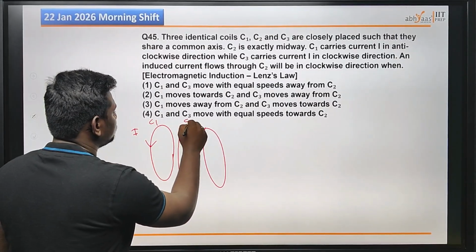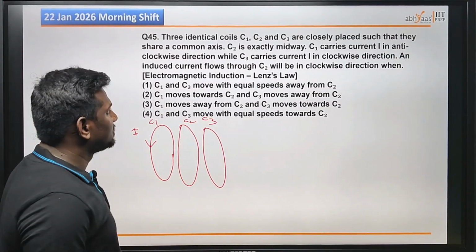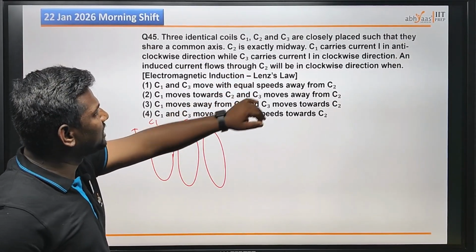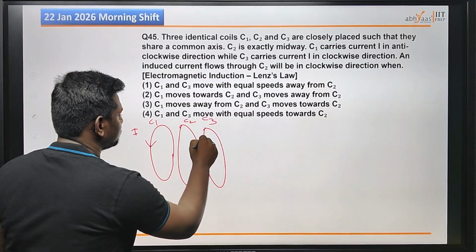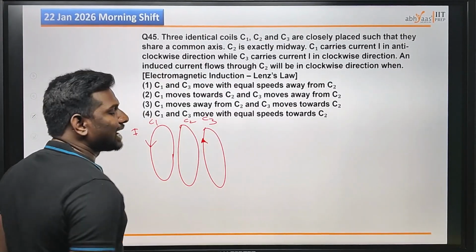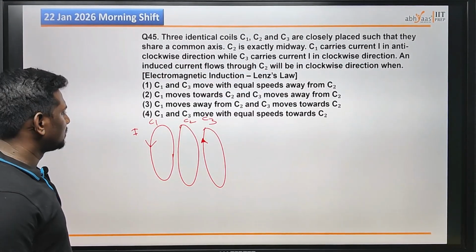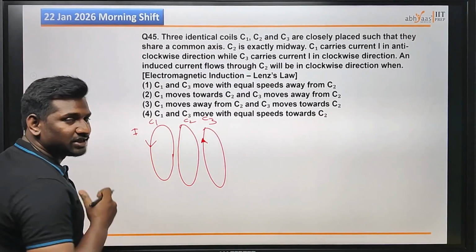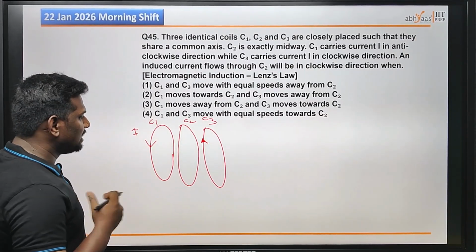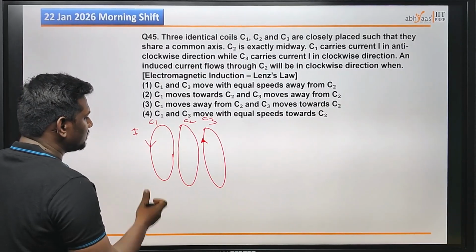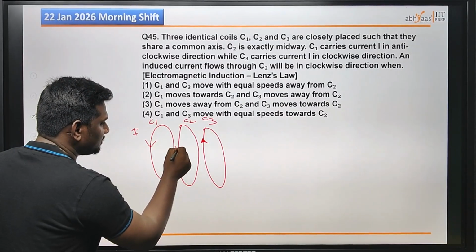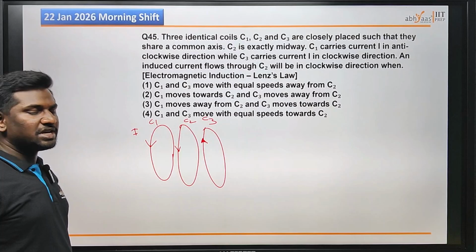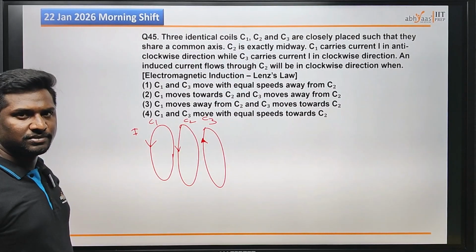Take it as C1, C2, C3, and C3 is having a clockwise current. According to Lenz law, when we are taking away this C1, it will produce the same current, that is anti-clockwise current. Same current, attraction.